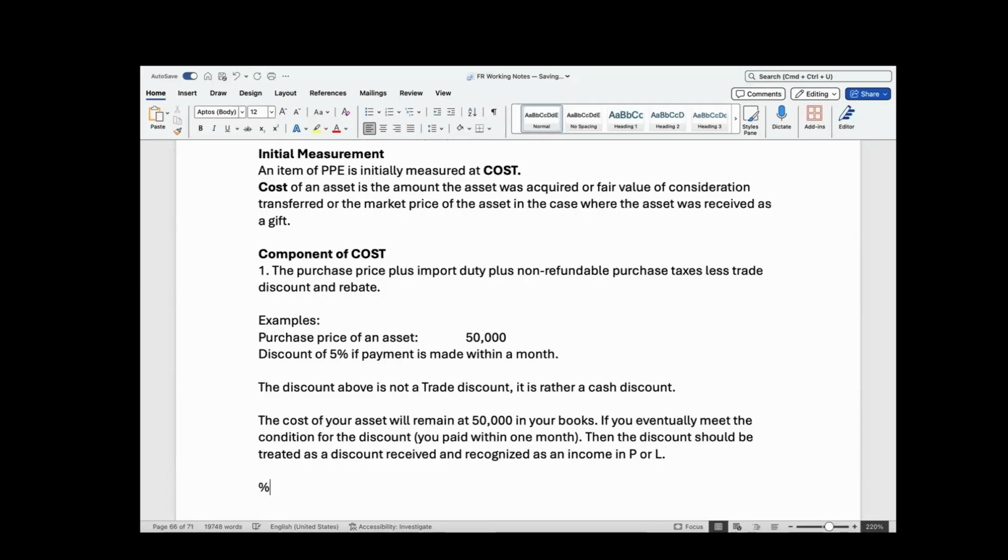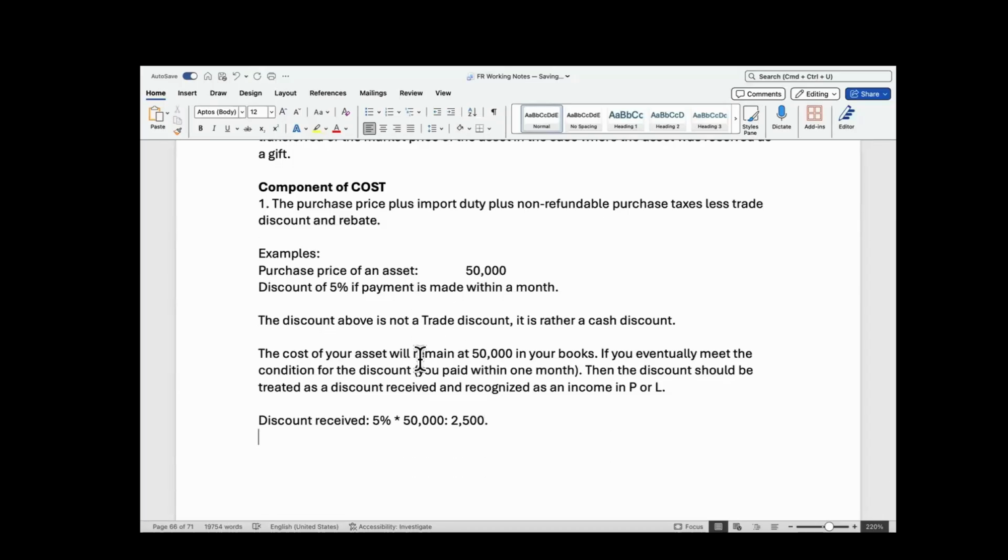So you see that 5%, this is just a discount received. 5% times 50,000 is 2,500. So you recognize it as income in your P&L. So let's say you credit P&L, discount received, 2,500.